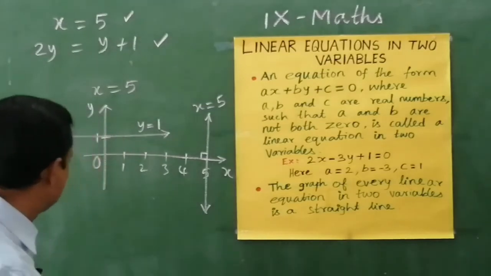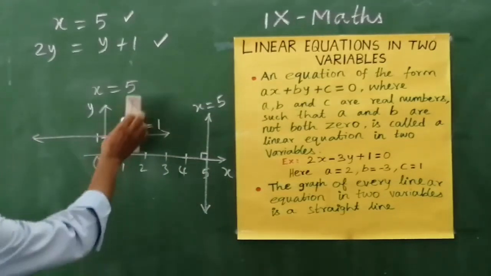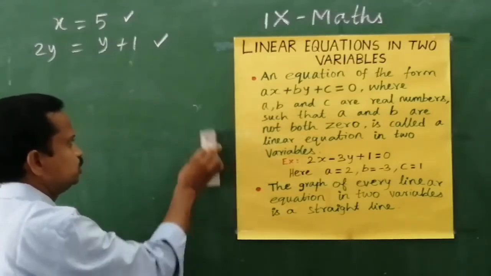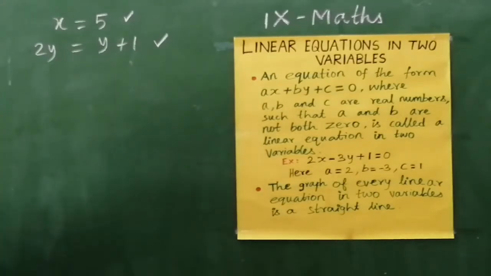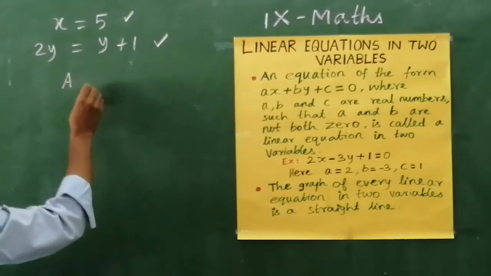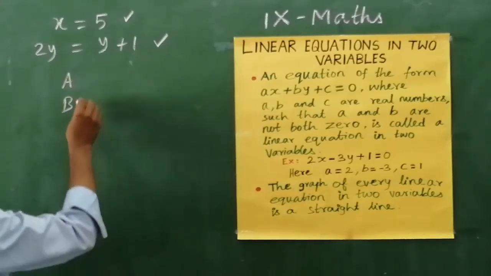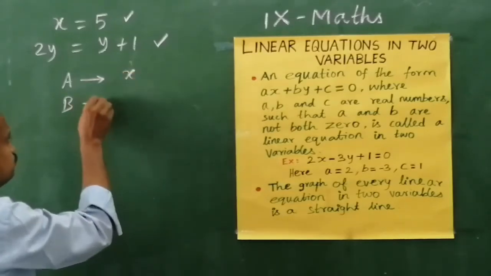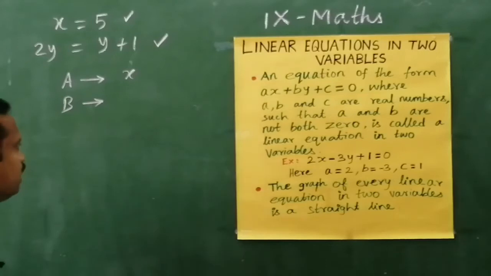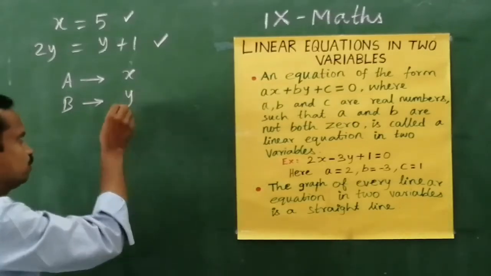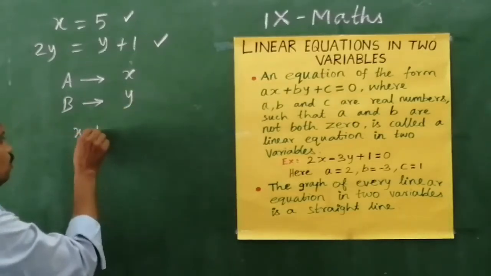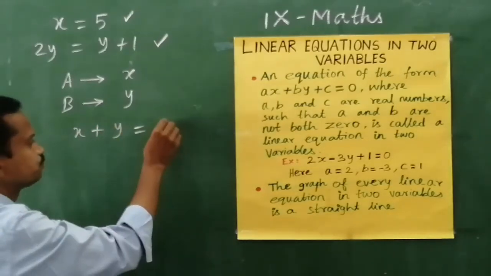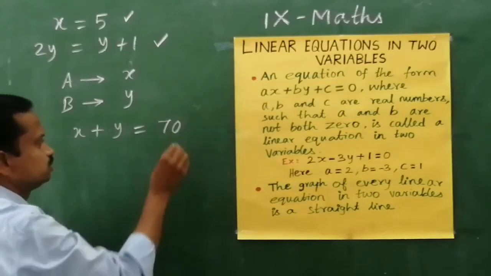For example, I will give you a best example. In a cricket match, there are two players, A and B. The runs scored by player A you consider as x, and the runs scored by player B you consider as y, and together they scored 70 runs.